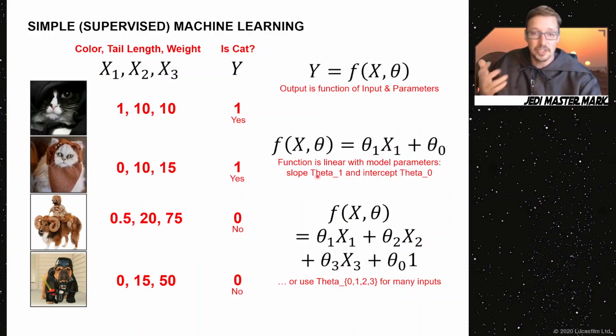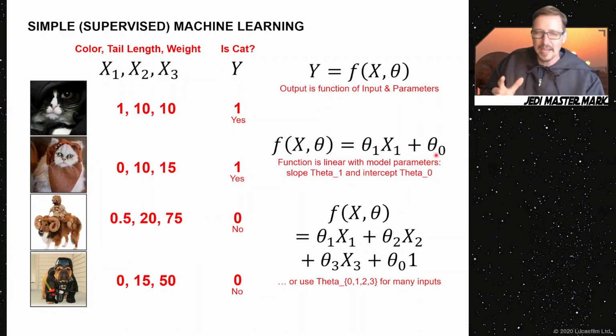So just to get you familiar with some of the ways I present this in terms of a mathematical function, once again up here, Y is a function of both the input and the model parameters. And if we want to go back to a very simple example, we could make this function where we have theta 1, a slope-like term acting on x1, and then we can add a bias term or an intercept term, so that doesn't act on any of the different inputs.